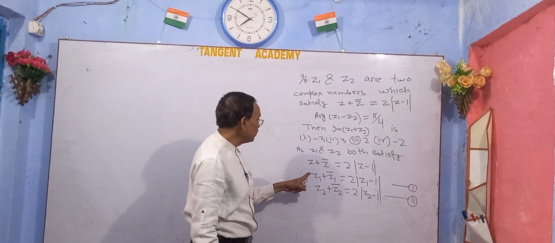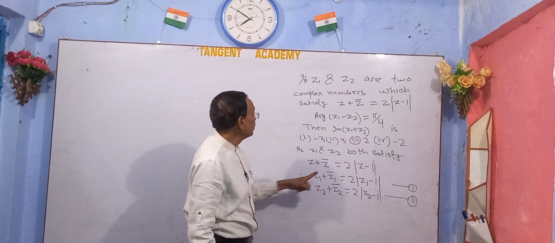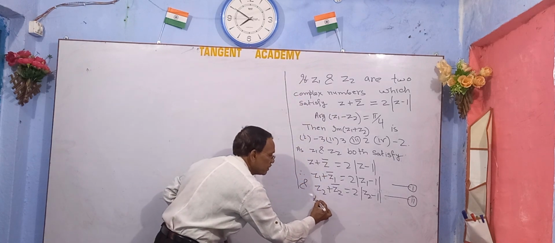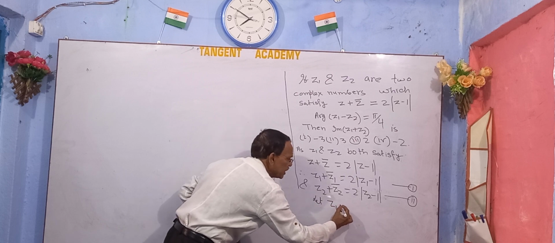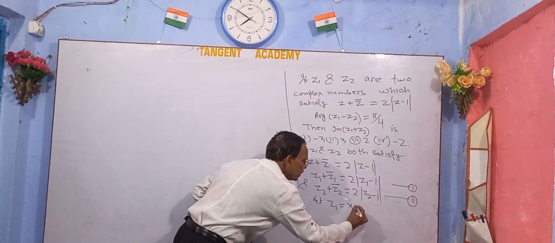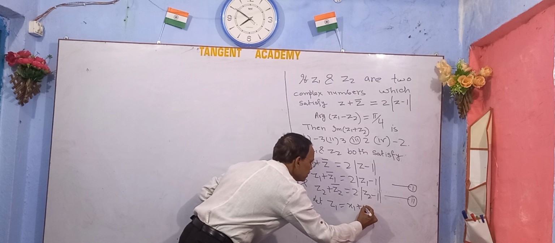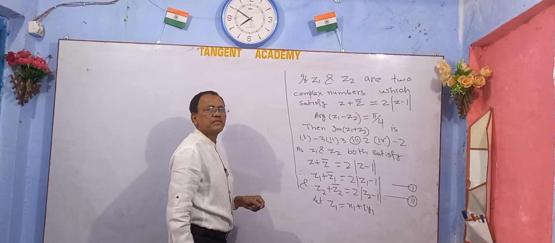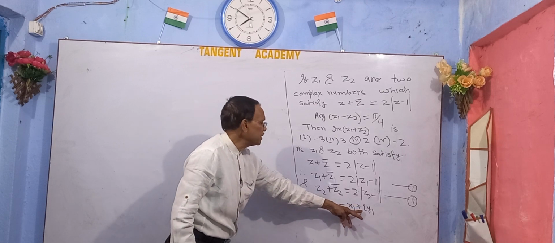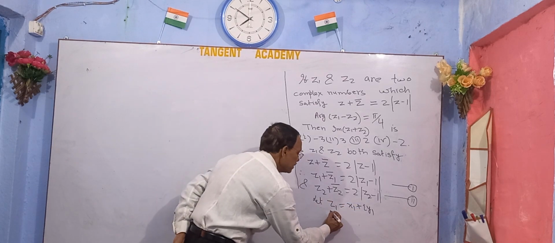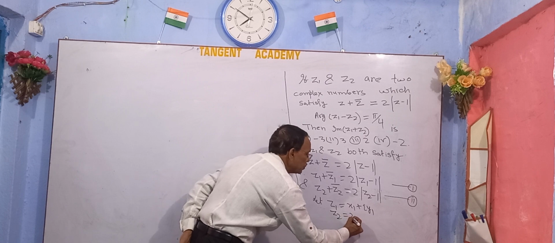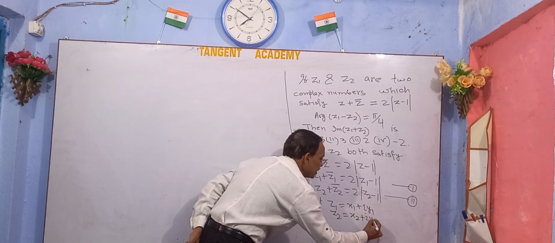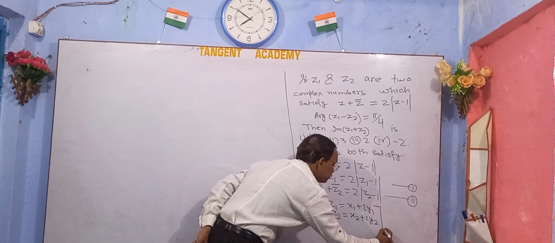Now we will put in the values of Z1 and Z2. Let Z1 is equal to x1 plus i times y1, where i is the imaginary unit, and Z2 is equal to x2 plus i times y2.